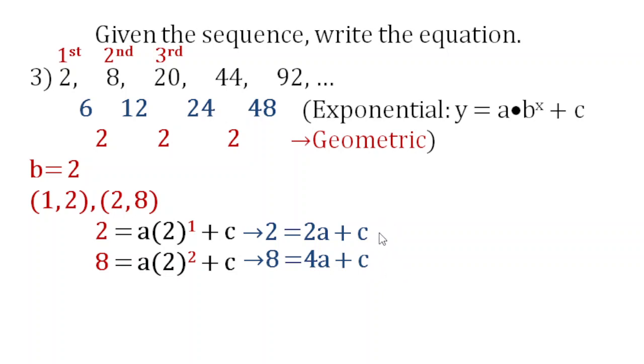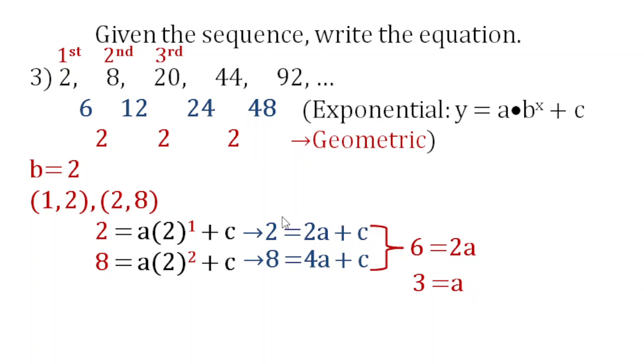Now solving these two equations simultaneously, equation 2 minus equation 1, c minus c is 0, then 4a minus 2a is 2a, 8 minus 2 is 6, so we have 6 equals 2a. This means a is 3.